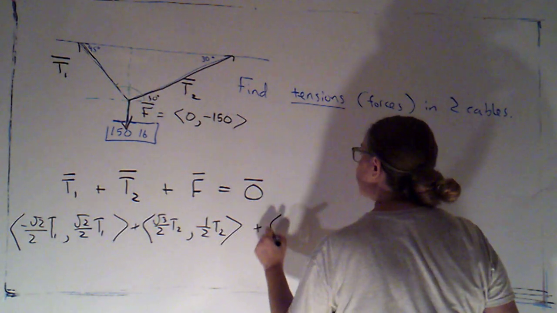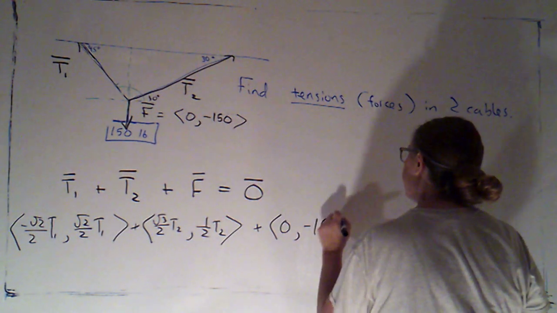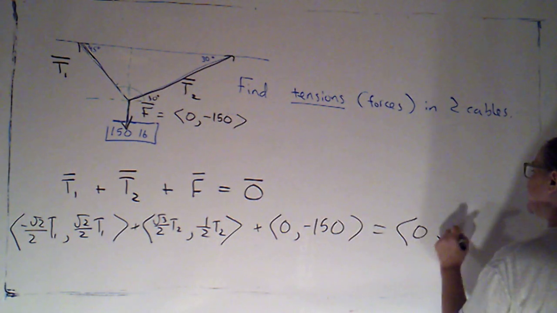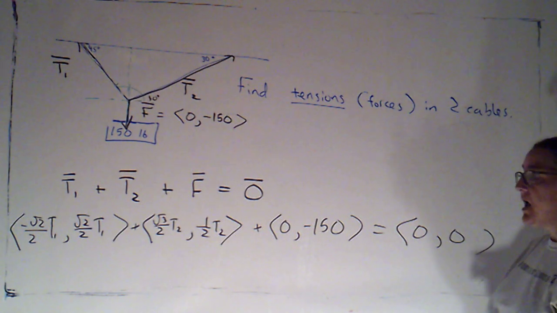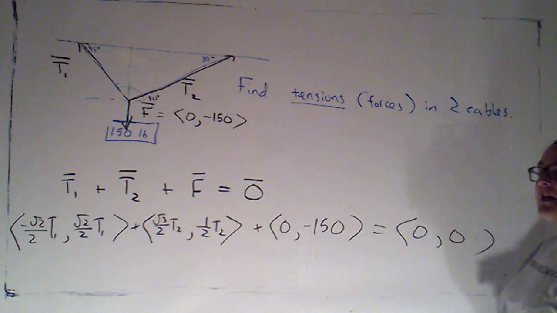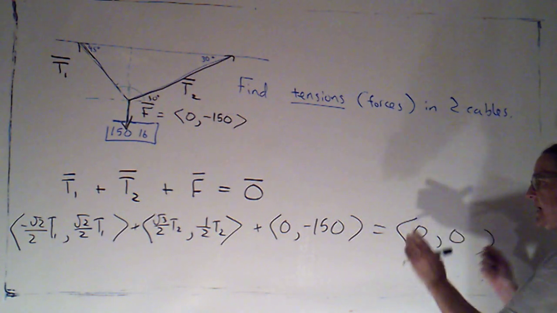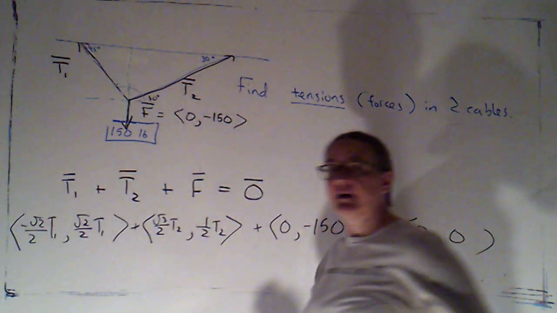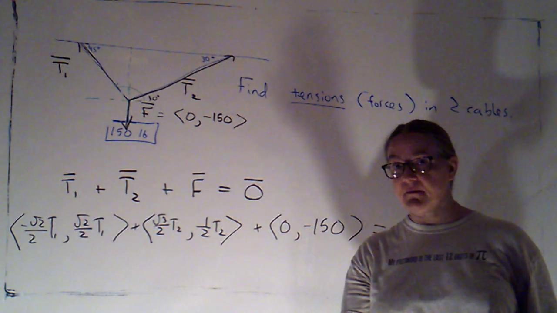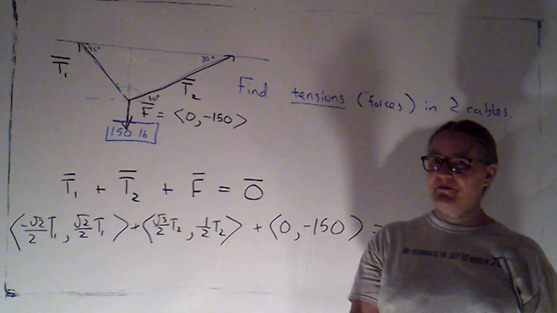F, we said, was 0, negative 150, and that's got to equal 0, 0. So I have this one vector equation. But since it's a vector equation in 2 space, I know that this vector is equal to this vector if and only if they have the same x component and the same y component.